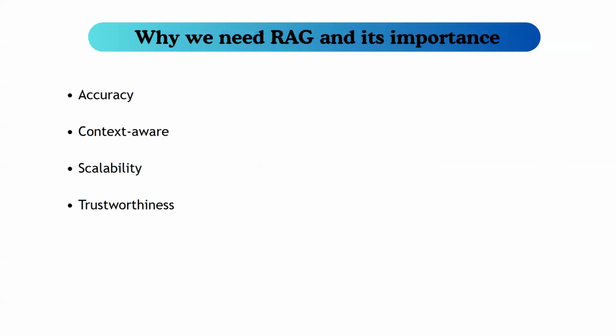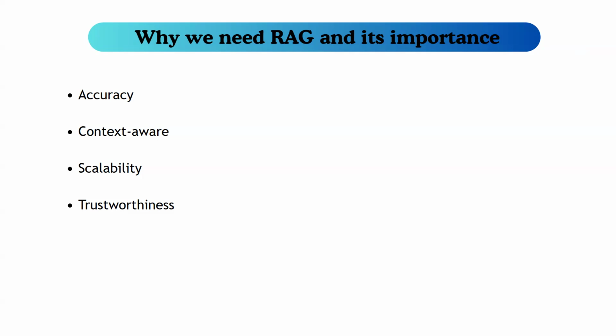Now, before we dive deeper into RAG, we should understand why we need RAG and its importance. The very first point is accuracy. Answers are based on real, up-to-date sources, not just the AI's memory. Second is context awareness, where AI can provide answers tailored to your specific question.